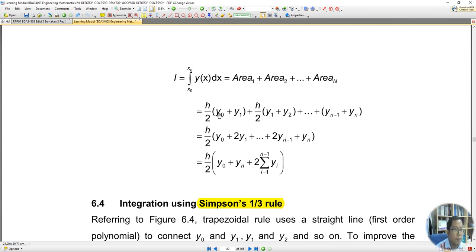Like this: h over 2 times y0 plus y1, h over 2 multiplied by y1 plus y2, and so on.